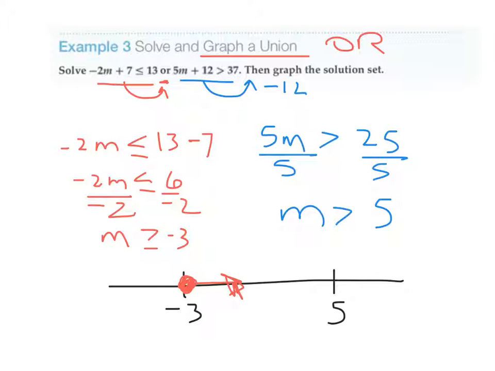Then I'm going to go to the open circle of 5, and I want numbers that are bigger than 5. So I'm going to go this direction as well. So we end up with basically a graph that's going in one direction this way. And so our total graph, and I'm going to do this in black, there is the union of those two graphs. I put them together.